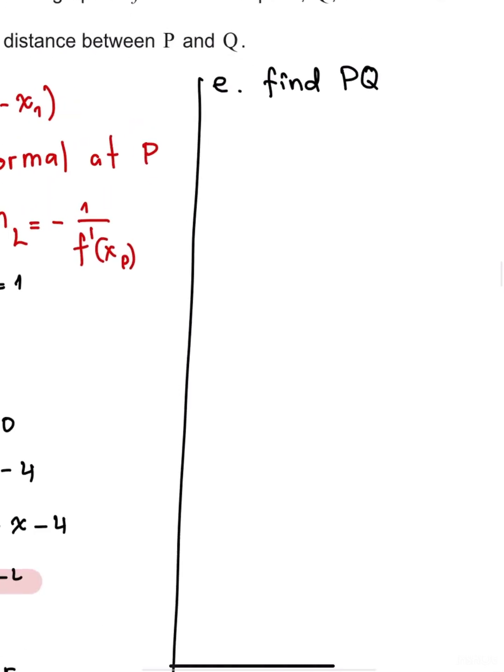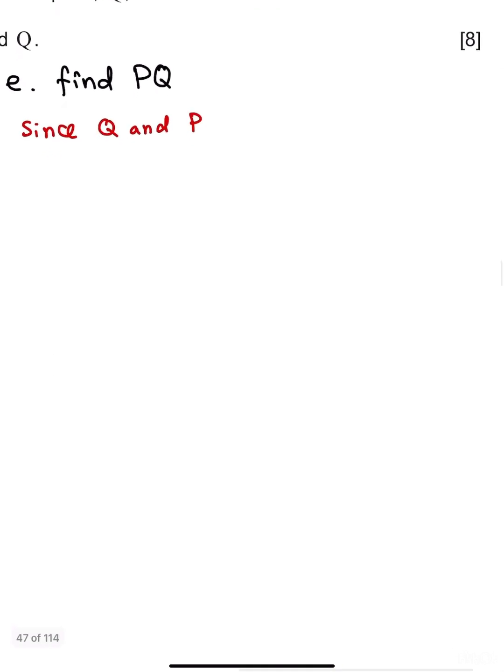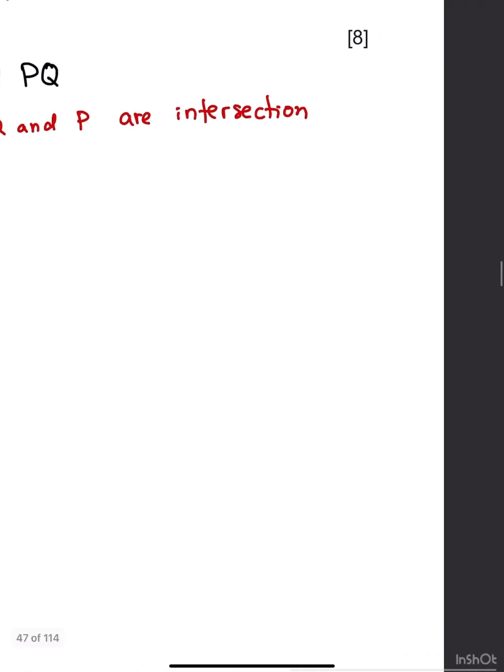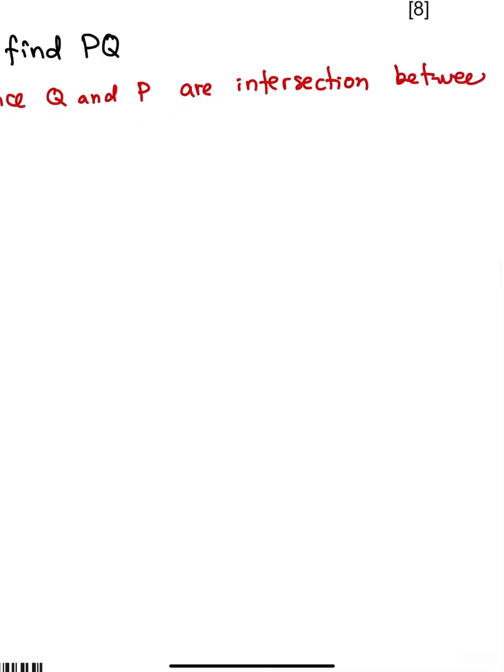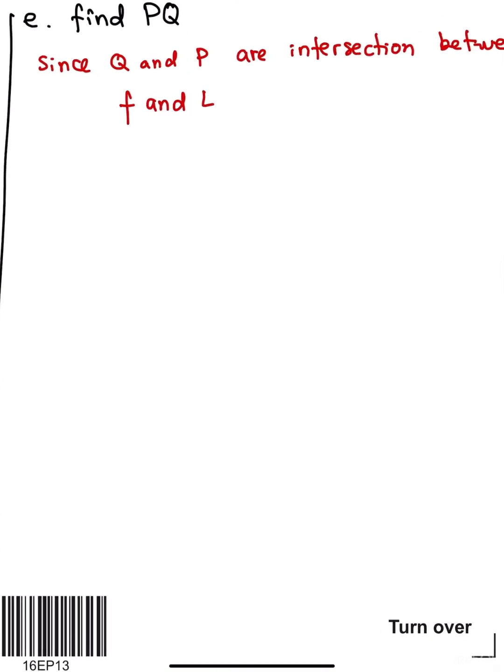Since Q and P are the intersection between f and L, the x coordinates of the intersection points are those of Q and P. So we set 1 over 4 times (x plus 2) squared minus 5 equal to negative x minus 4.